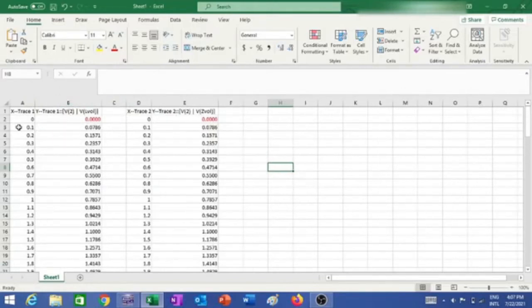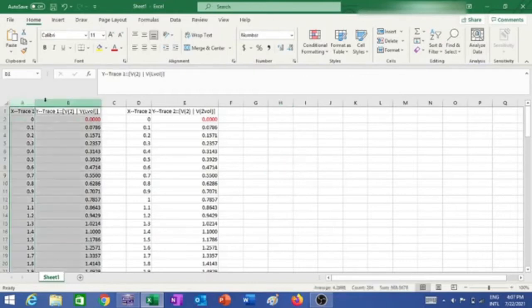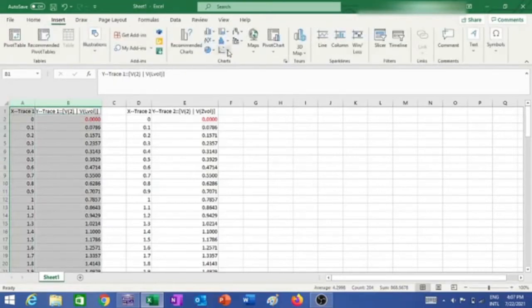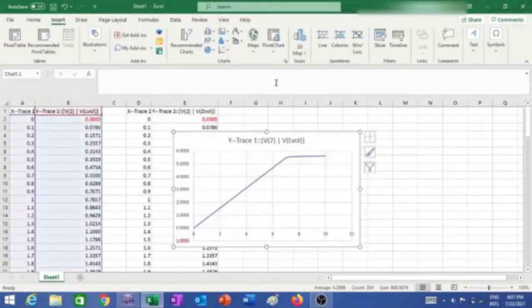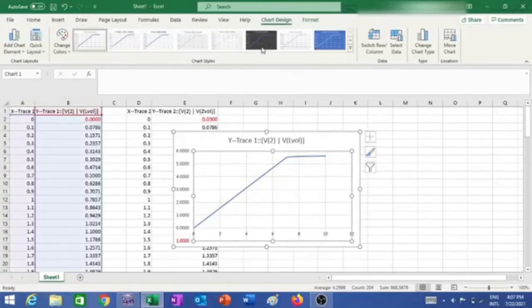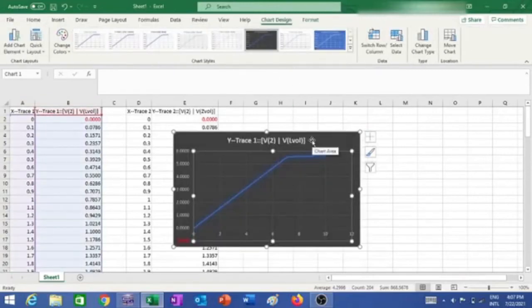I'm going to plot a graph between output and the Zener one. If I plot a graph of output, let us see what the graph looks like. You can see this is the graph which I got for output voltage. It is breaking at 5.6 somewhere, showing the current is flowing heavily.